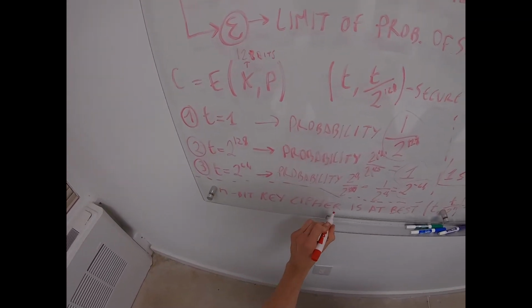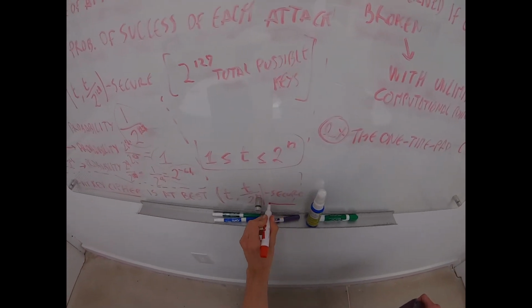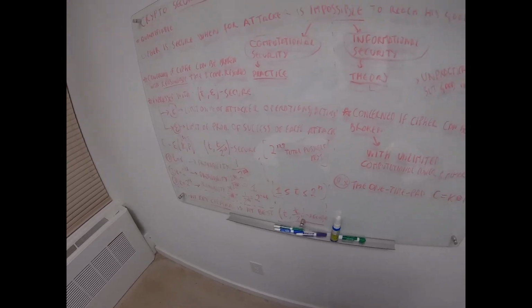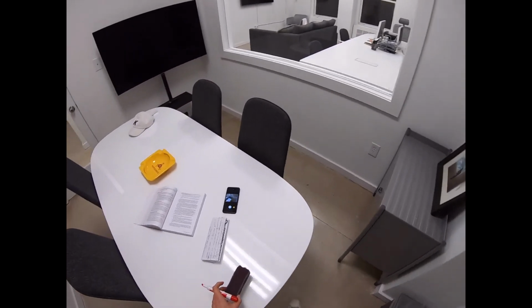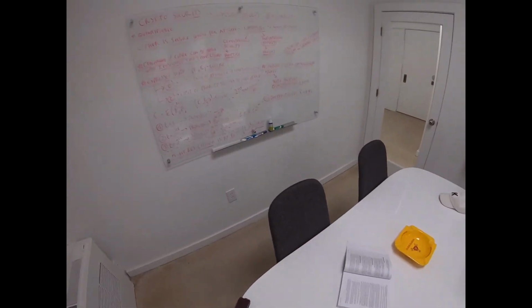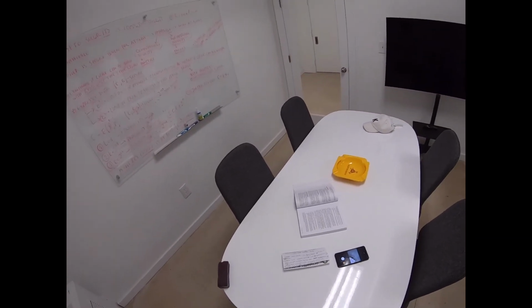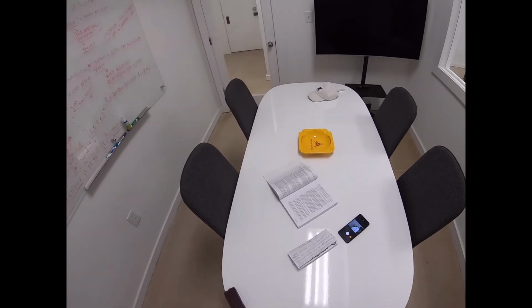Okay, so n-bit key cipher, where T is this. Oh, a bit crowded the board today, but that's it. We introduced this concept of cryptographic security. It's a new chapter.